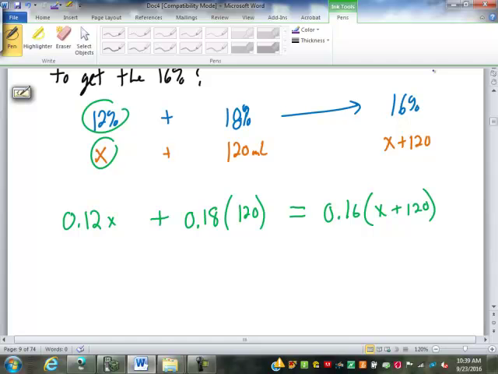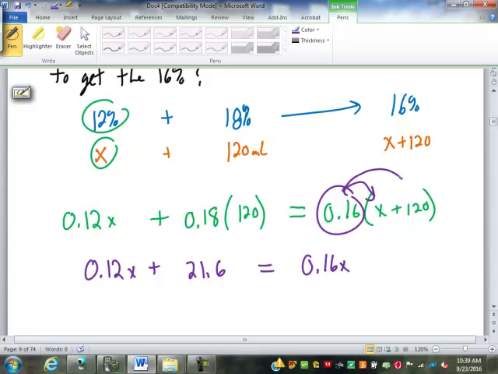So our first step, there's nothing to combine with the 0.12x. 0.18 and 120 are going to combine to give us 21.6 equals 0.16 times x is 0.16x. 0.16 times 120 is 19.2.